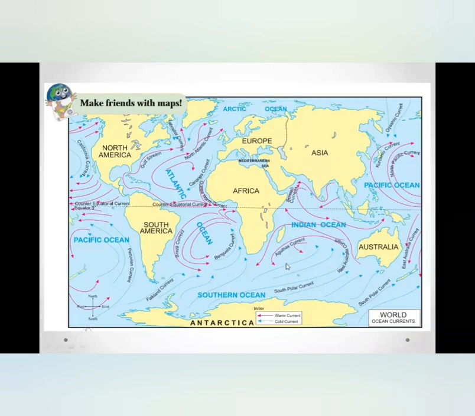What happens in the oceans is that due to temperature difference, both vertical and horizontal currents develop in the ocean.